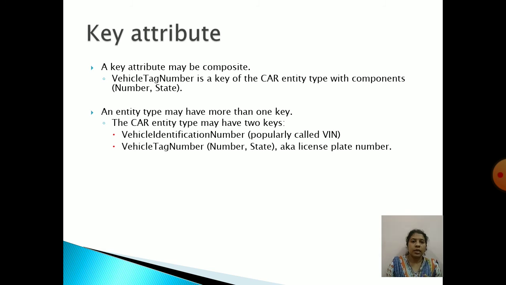That means I can have more than one key attribute in the entities. For example, you can take USN and the Aadhaar number. If you are giving the information about your PAN number and Aadhaar number, both are unique. Either I can use Aadhaar number or PAN number. So that means I can have more than one key for an entity type.